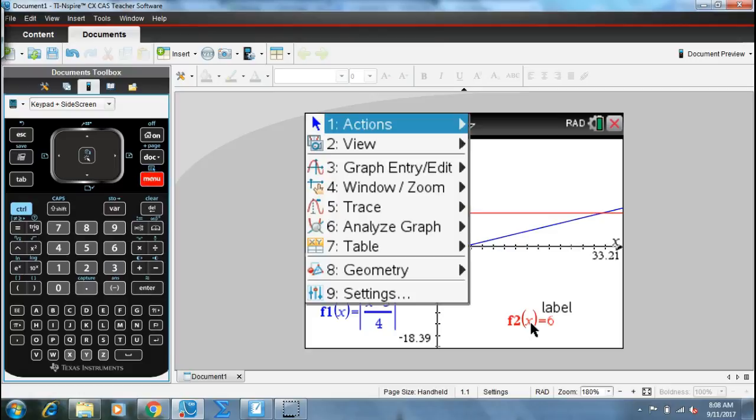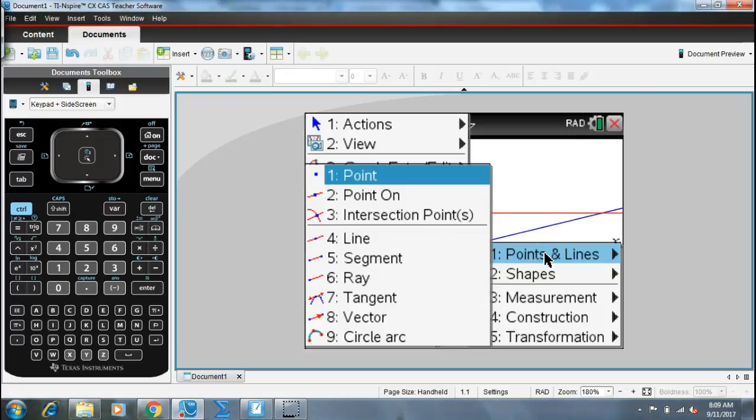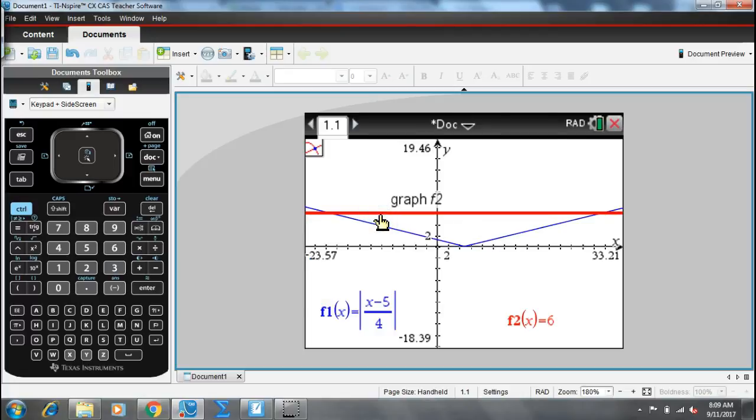We can go menu, geometry, points and lines, and then intersection points. But here now I have to choose the graphs that are the two functions. So I have to choose both of those functions by highlighting it and making it a little bolder, and then it does them both all at once. Okay? And I think you can do that with zeros too, provided you put in the function of 0, and then you can do intersections.